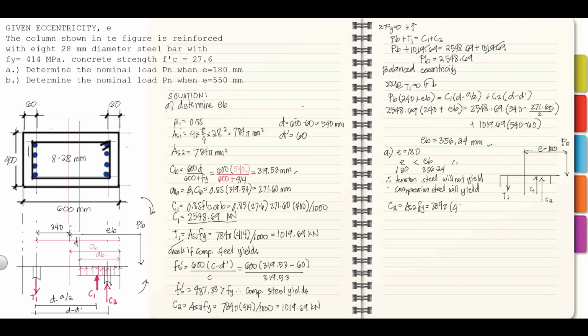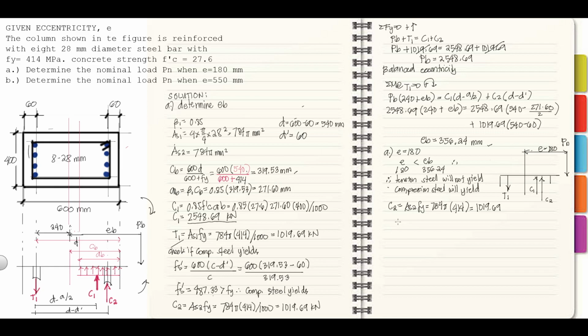That is 414. Okay? Yes. FY, no? Gagamitin natin dito for C2. Kasi mag-yield yan. Okay? So we'll have an answer of 1019.69 for our C2. Okay?